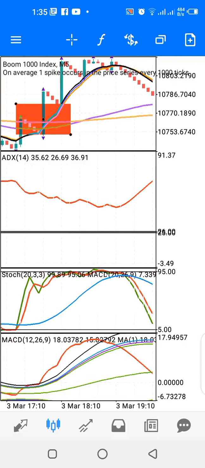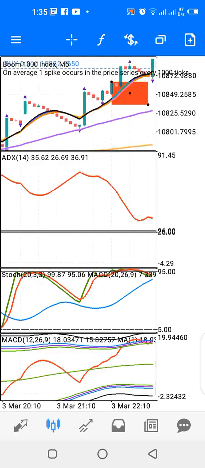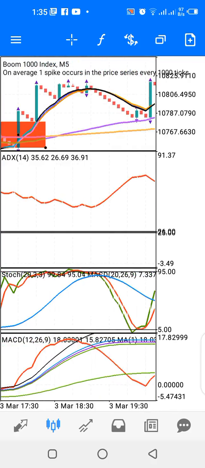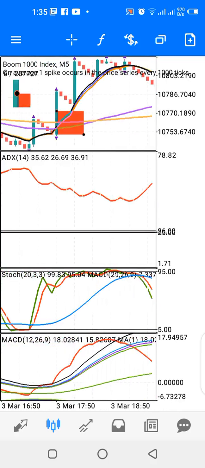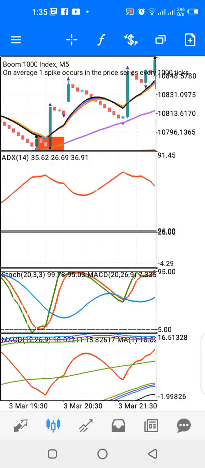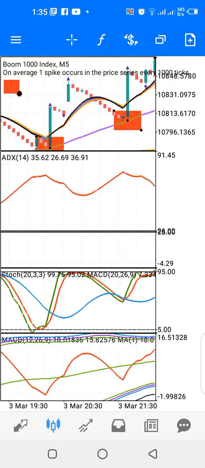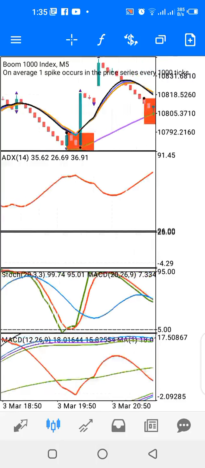Now I will not just buy at that point. I'll wait for when price starts to test the 50 moving average, that is the purple line here. You can see a test, the first test, second test, to show the validity or confirmation of the buy.